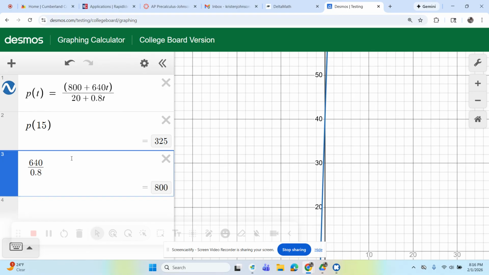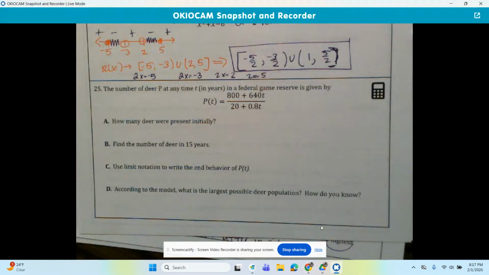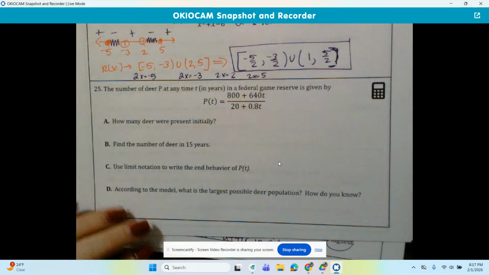Okay, and that value is our horizontal asymptote, right, which will be 640 divided by 0.8. All right, so what we've got here, okay, let me fill in all that information that we just talked about.